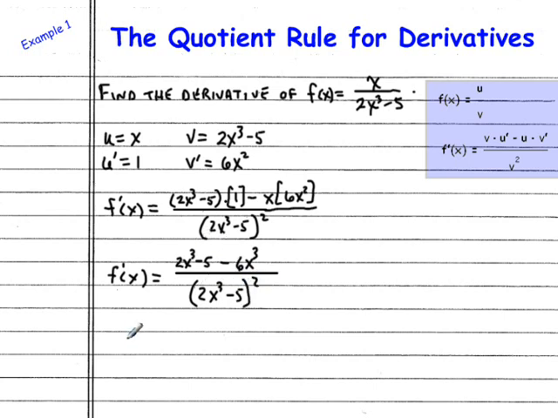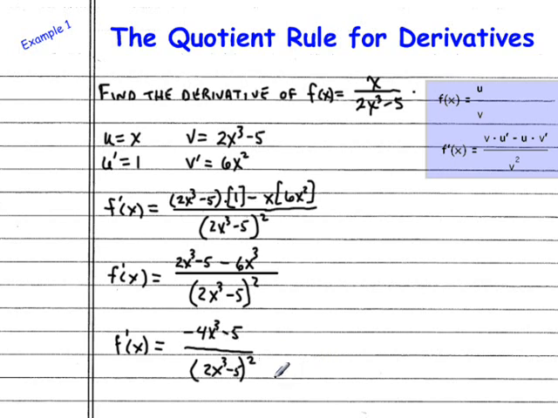Now this numerator will simplify further. We see that we have like terms, 2x cubed and minus 6x cubed. So that will result in a negative 4x cubed. And we still have minus 5. And that's all divided by 2x cubed minus 5, the quantity squared.